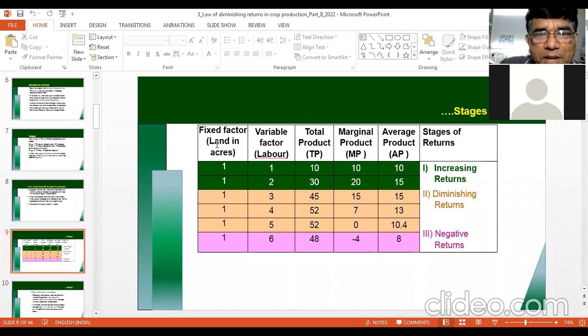However, to get this pink one, you need to cross the green one and the coffee-colored one. You need to cross these two phases to reach the negative return. So therefore, the law of variable proportion and the law of diminishing return overlap, and practically hardly any difference is there.